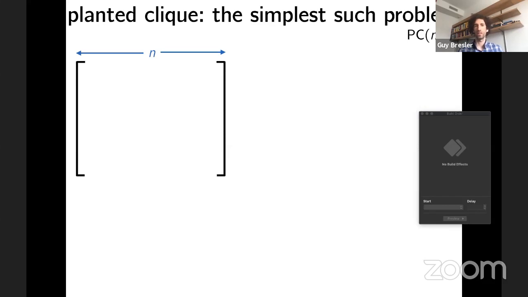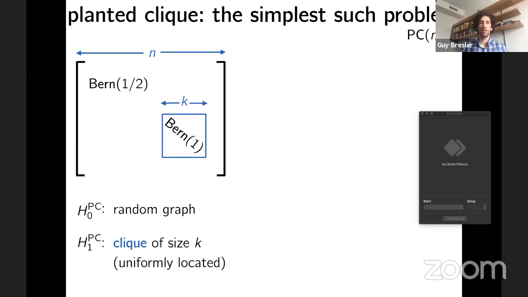It's going to be convenient to have a picture, which is just the adjacency matrix of the graph. Here, I'm going to define the hypothesis testing variant of this problem, where the task is just to determine: is there a clique planted at all, or is it just a purely random graph? The null hypothesis for planted clique is that the entries of the adjacency matrix, well, it's symmetric, but in the upper triangle are Bernoulli half.